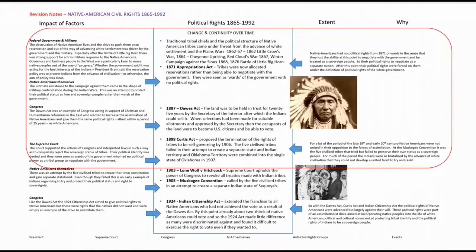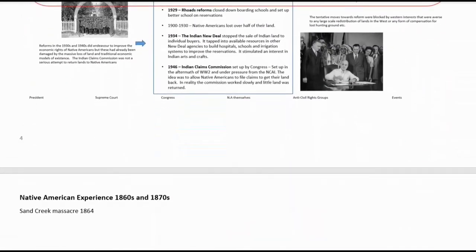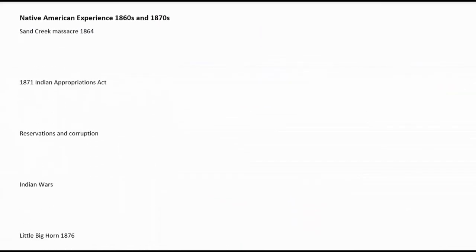And we're going to start with a brief overview of this period from around about 1860 to 1870s, thinking about the experience of Native Americans. So in your lesson notes template, you need to go to page 5 where it says Native American experience 1860s and 1870s, and we are going to look at some of these key issues, and in so doing we're going to get a little bit of background of their experience in these first 2 decades of this part of the course.